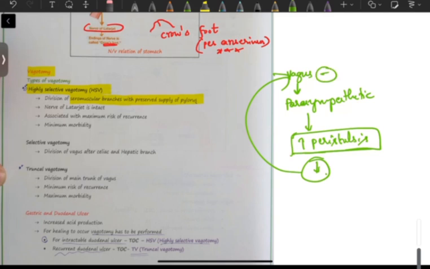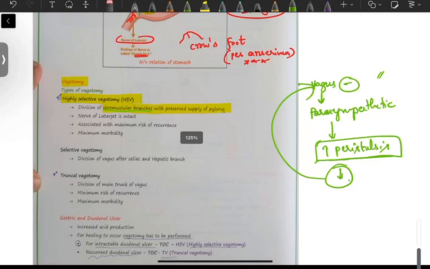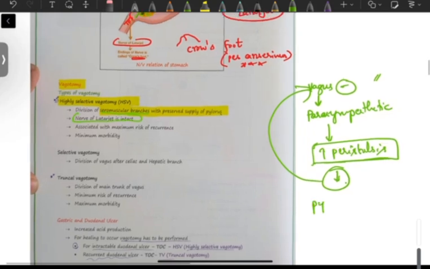In order to inhibit it, we will cut certain branches, and one such procedure is highly selective vagotomy, in which we cut only the seromuscular branches of vagus. Here the nerve of Latarjet is intact, hence the pylorus has its nerve supply intact, whereas only the stomach, the cardia, body up to antrum, has its nerve supply cut off. So this is what we'll do in certain procedures. You just remember the procedure, we'll come to know where we'll do what.